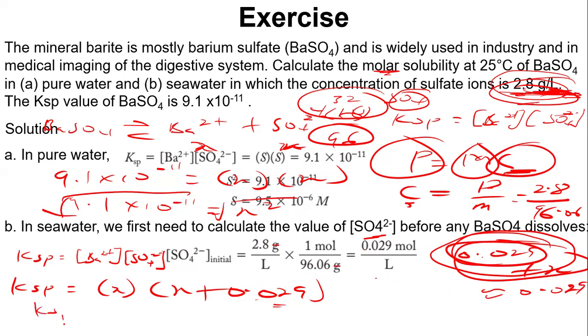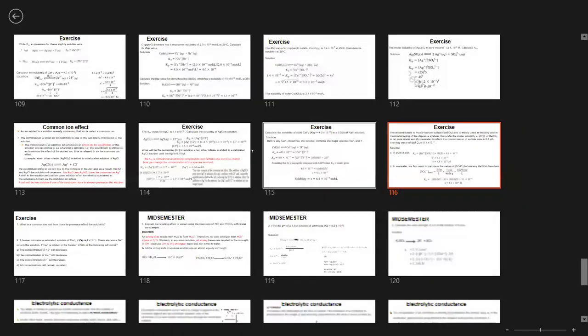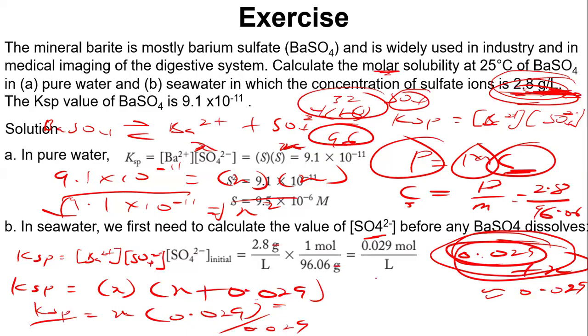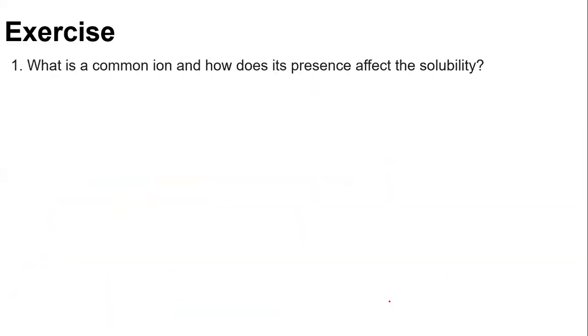So my Ksp will be equal to x times 0.029. Divide this side by 0.029, that's the Ksp by 0.029, and that should give us our answer. And our answer is 3.1 times 10 raised to the power negative 9 molar.